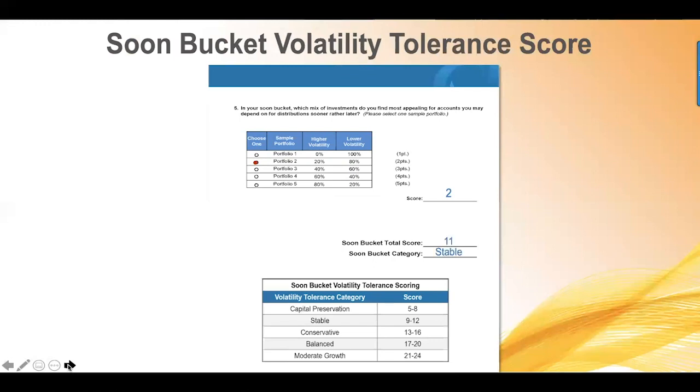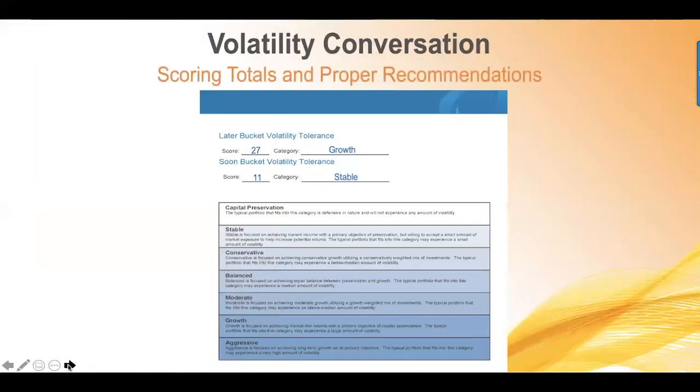Let's tally it up. So it looks like we have 11, and the score is stable in the soon bucket. So now let's look at what this means. We scored growth in the later bucket. We scored stable in the soon bucket. So when we look at growth, it is focused on achieving market-like returns with a primary objective of capital appreciation, so growing the money.